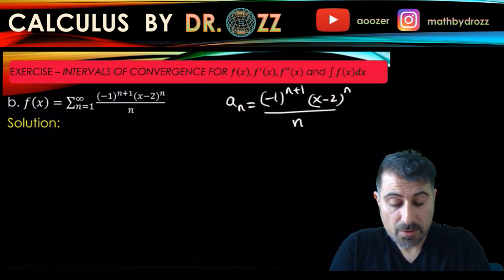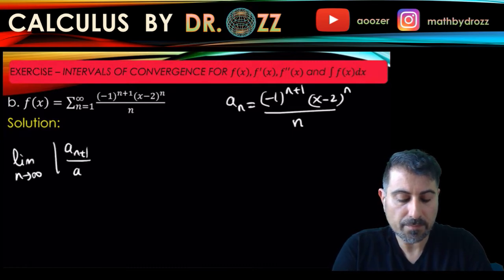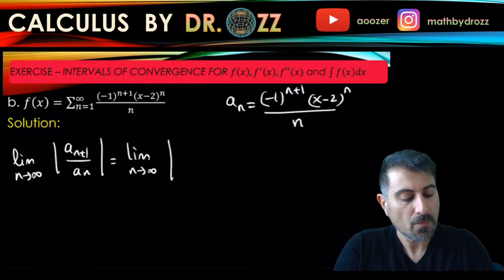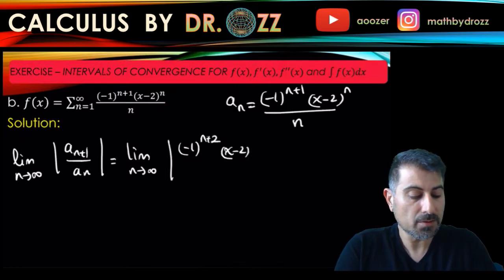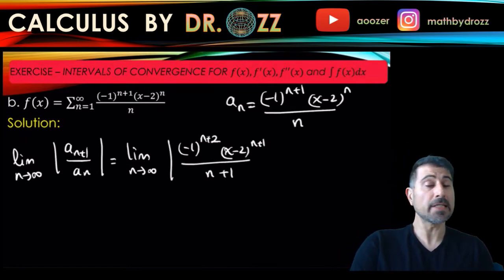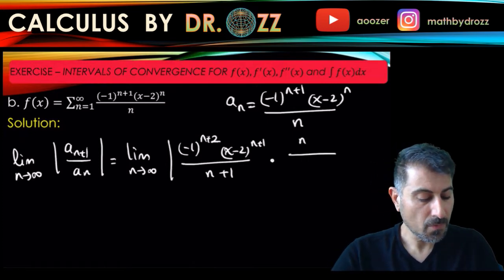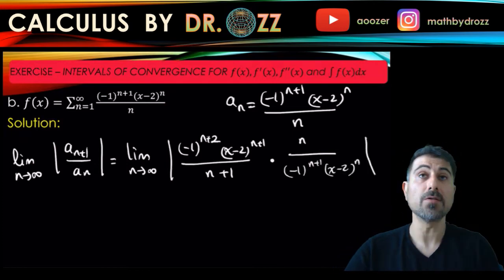All right, so the limit of the ratio here is equal to minus 1 to the n plus 2, x minus 2 to the n plus 1, divided by n plus 1. So instead of dividing all over by a_n, which is another fraction, I'm going to flip it over and save some space here: minus 1 to the n plus 1, x minus 2 to the power of n.